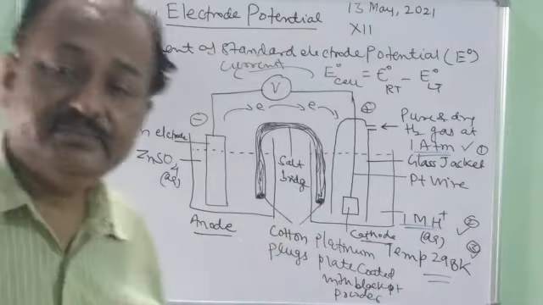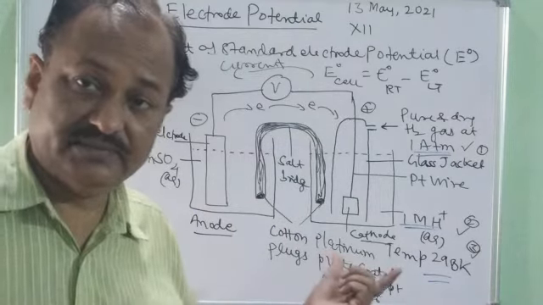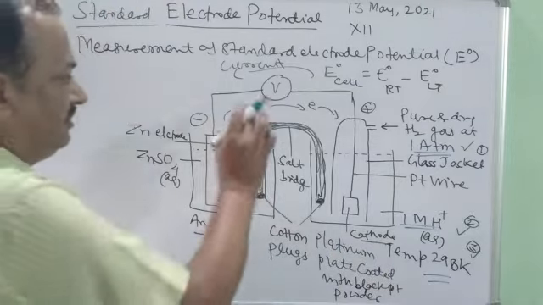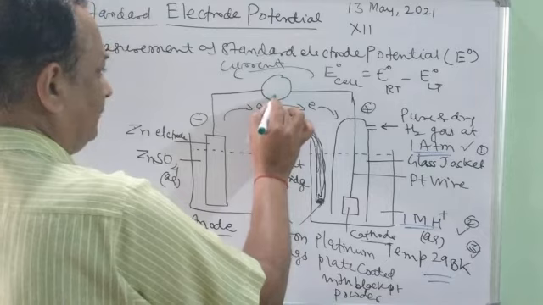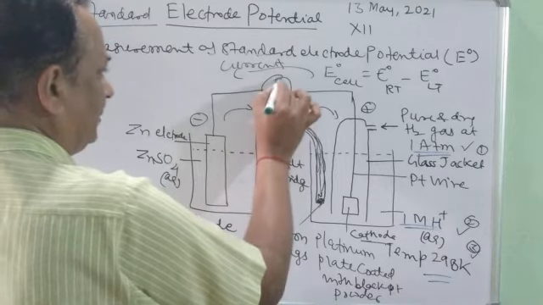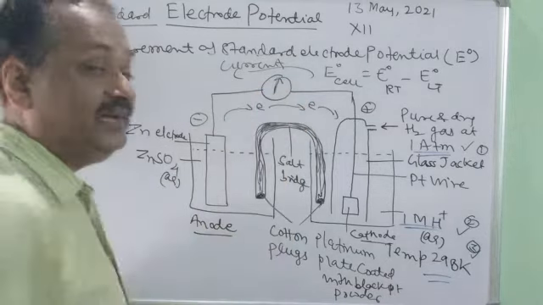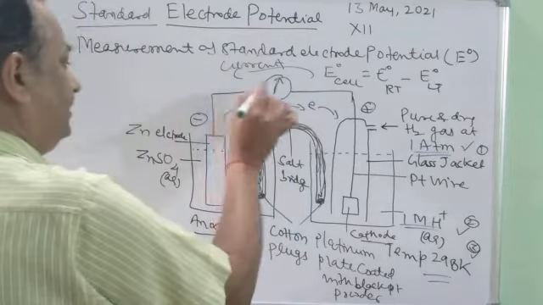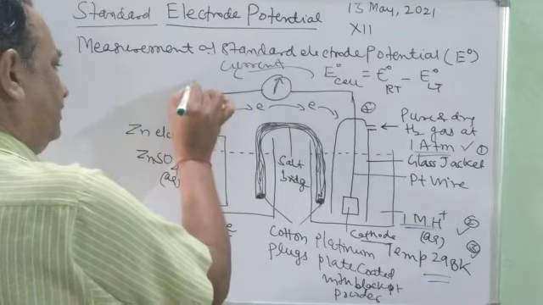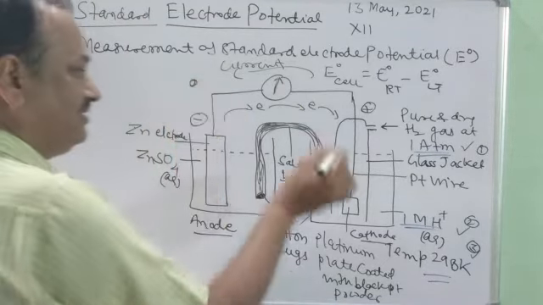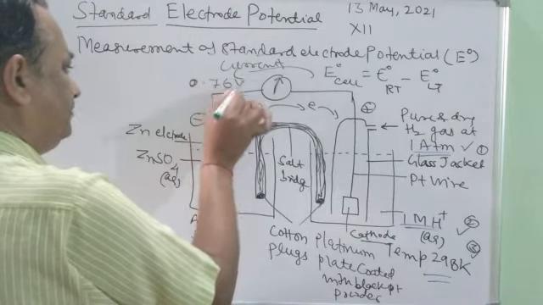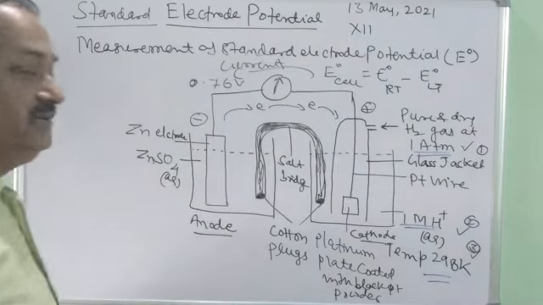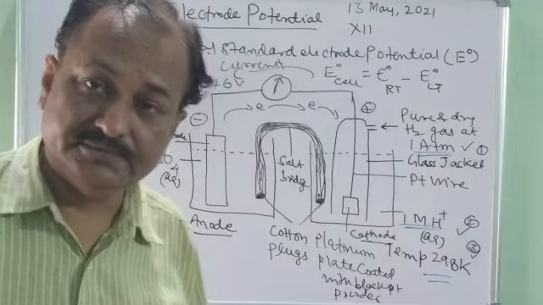Now reaction will take place. Reaction will take place, and this voltmeter will indicate the deflection. There will be the deflection. This is a cell, and there will be 0.76 volt. The reading in the voltmeter will be 0.76 volt.